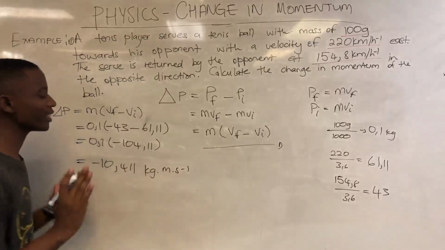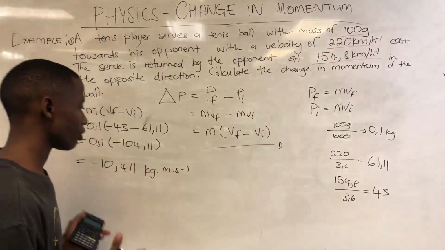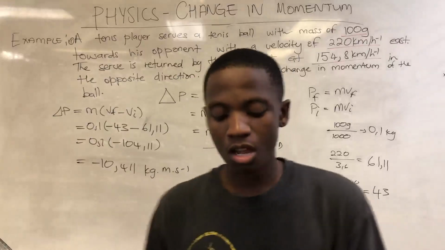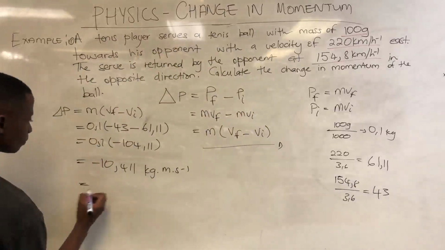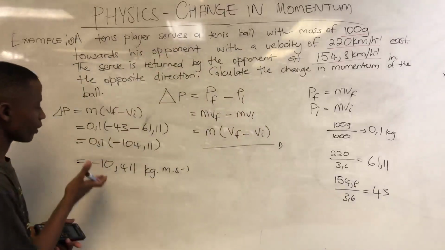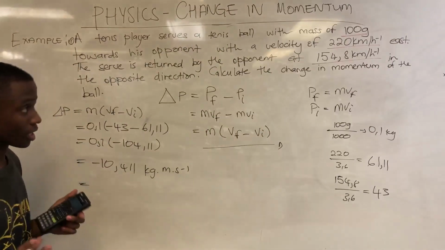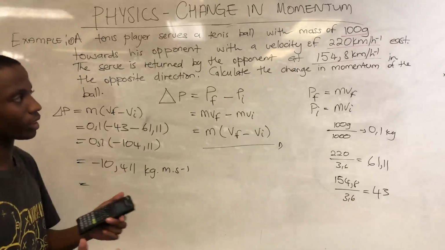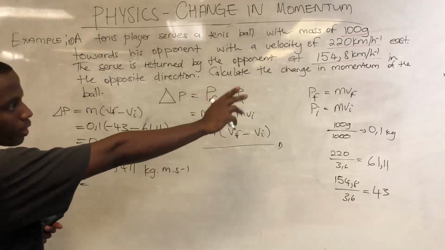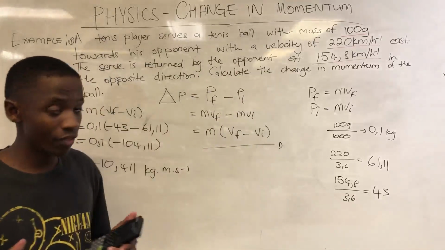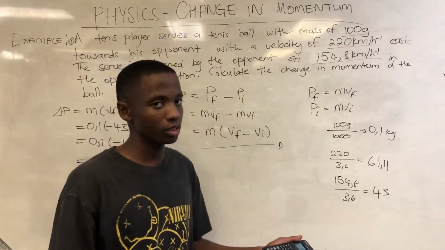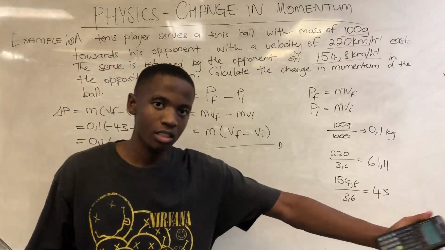Mind you guys, we can't leave the answer in that negative form. We have to say that, for the fact that it's negative, it's coming from the opposite direction, right? So there was a change in momentum there. As you can see, the server sends the ball eastwards and the ball was returned west.